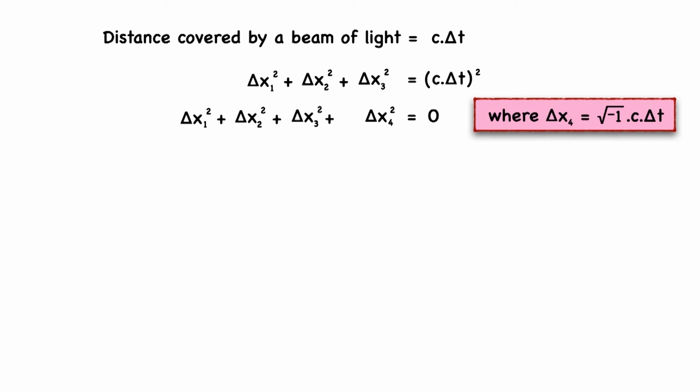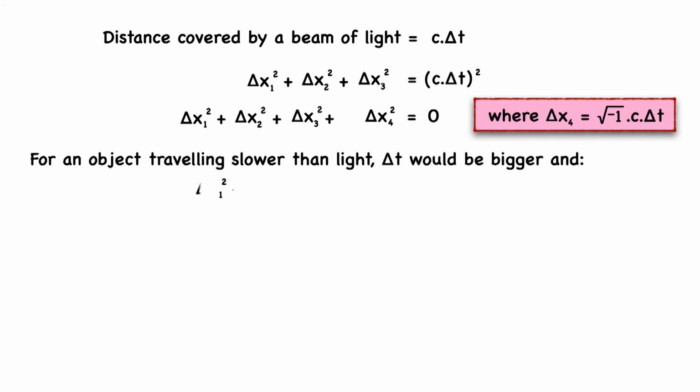Now, this equation must, by definition, be true for light. It will not, however, be true for anything travelling slower than light. In that case, delta t would be bigger, and the equation would no longer equal 0. It would equal some finite number, which I'm going to call s squared.